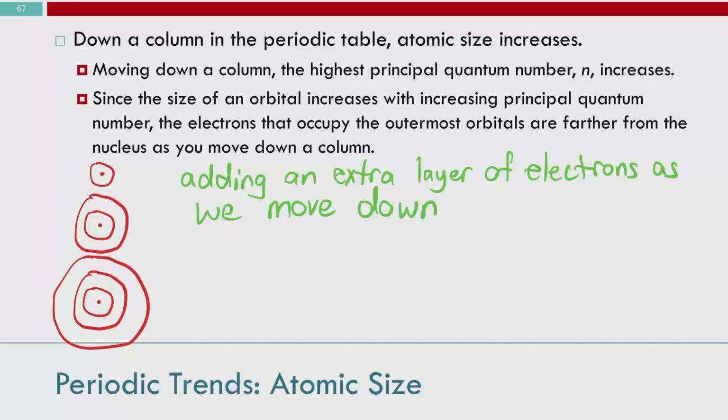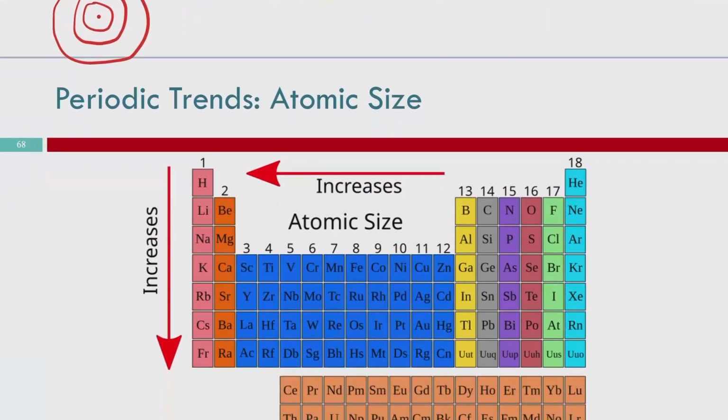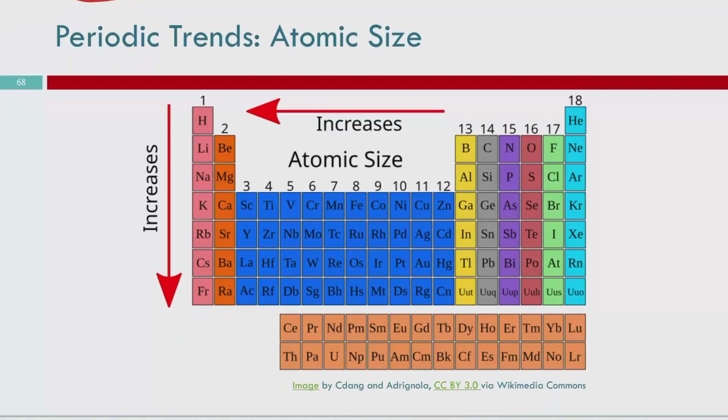Questions about atomic size? So left to right, what happens? It decreases. So on the left side, big stuff. The right side, small stuff. Top to bottom, it increases. So atomic size increases as we move to the left and also as we move down.